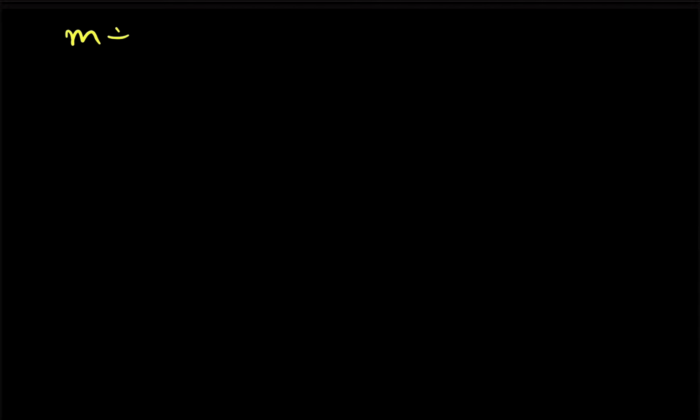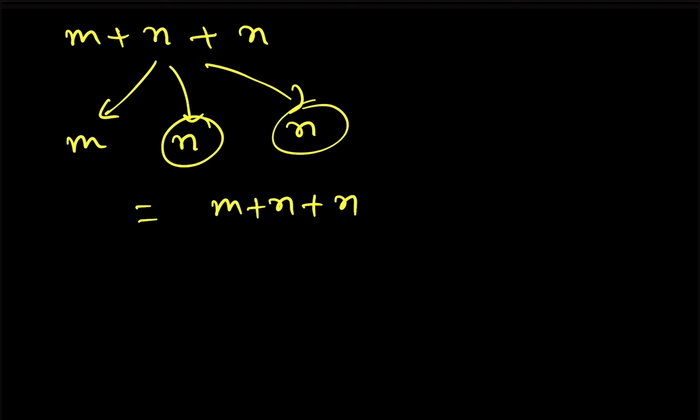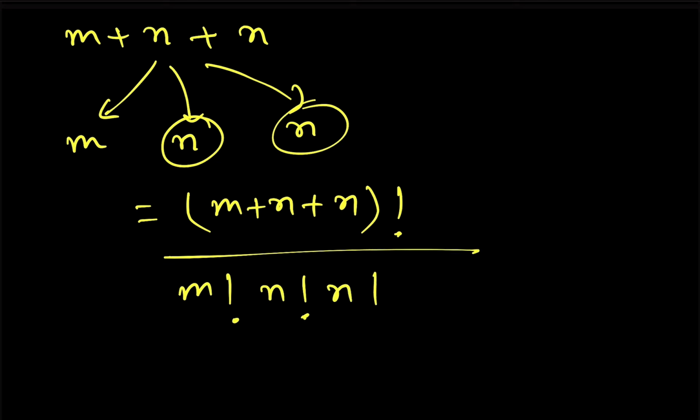Suppose m+n+n, so the third group also has n objects, the third group is the same as this group. So what will happen here? Our (m+n+n) factorial will remain as it is, then m factorial into n factorial into n factorial.